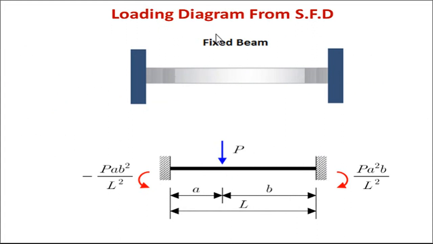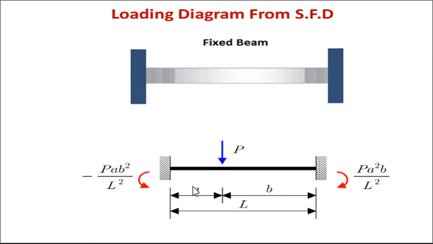So you can see this loading diagram from the SFD. This is a simple beam and both of these ends are fixed. Suppose the point load is acting not at the central point, but at a distance of A from this end and at a distance of B from the other end.